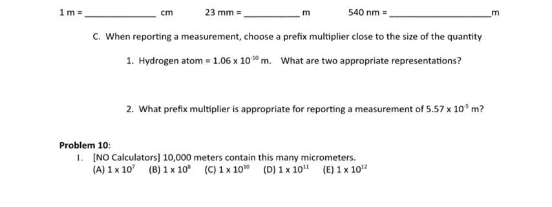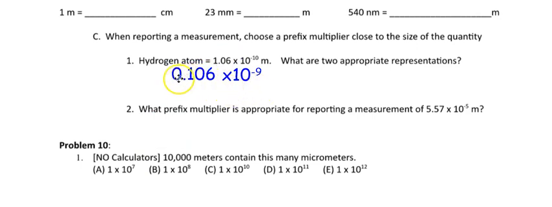So let's look at the nanometer first. Remember, I said nanometer is 10 to the negative 9. So the question is, how do I go from a 10 to the negative 10 to a 10 to the negative 9? Well, I multiplied by 10, didn't I? So if I multiply by 10 here, I need to divide by 10 on the first part. So 1.06 divided by 10 is 0.106.